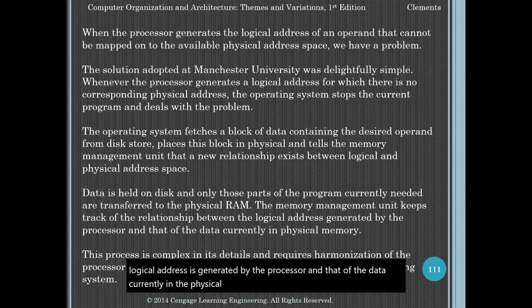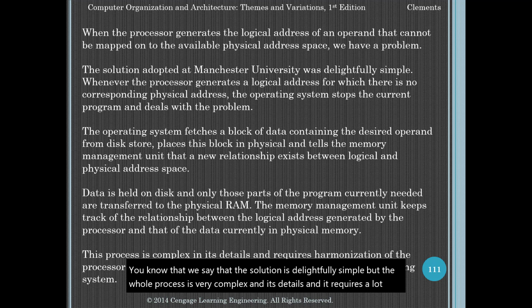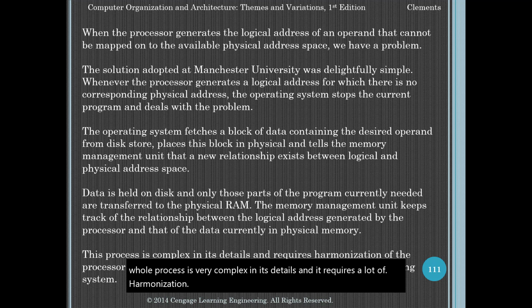We say that the solution is delightfully simple, but the whole process is very complex in its details, and it requires a lot of harmonization of the processor architecture, the memory management unit, and the operating system. People dream of simple memory management systems because they have nightmares about how the real ones work.